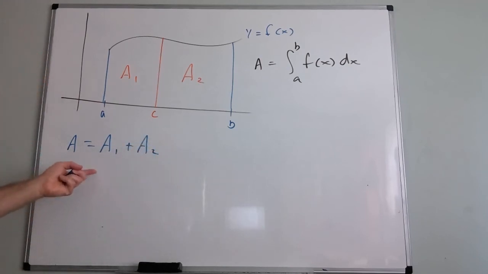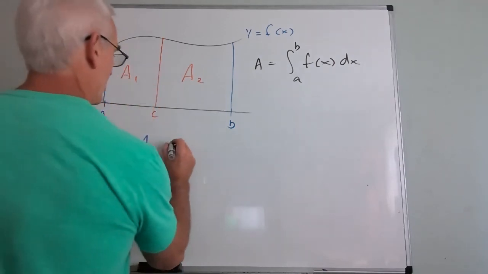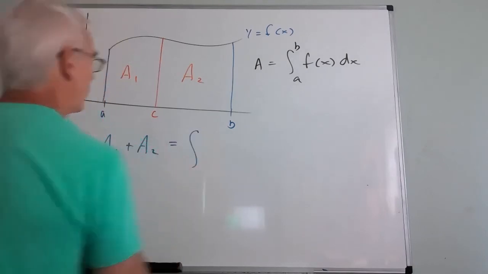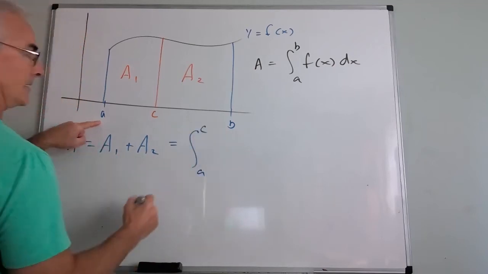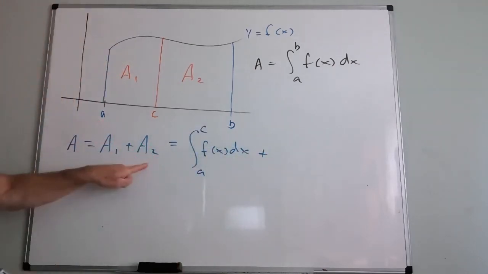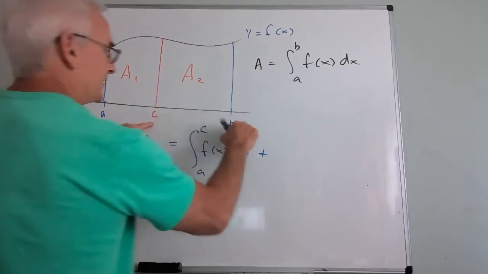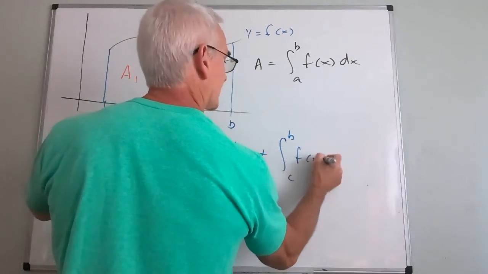Just yell out yes or no. Yeah. Let's state A1 and A2 as definite integrals then. Well, A1 should be A to C of f of x dx. And then A2 should be C to B of f of x dx.